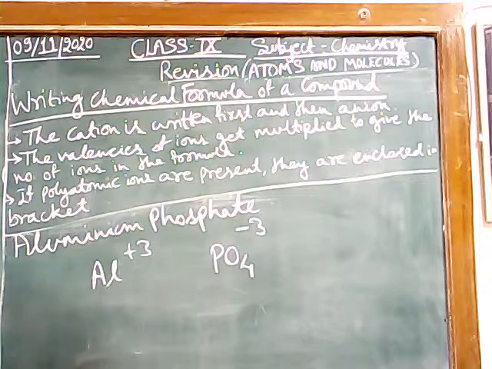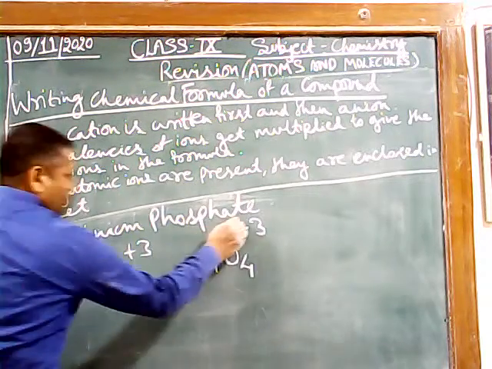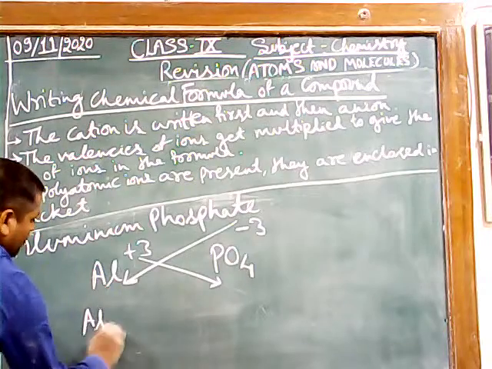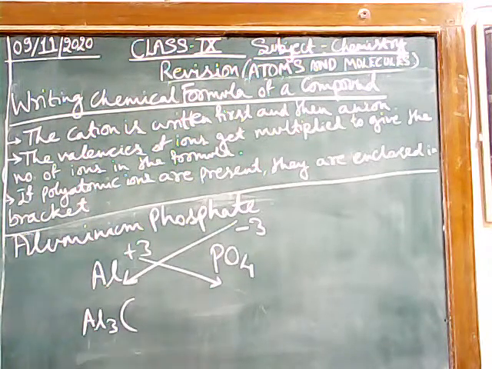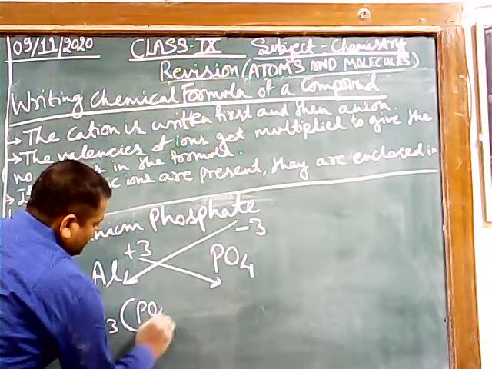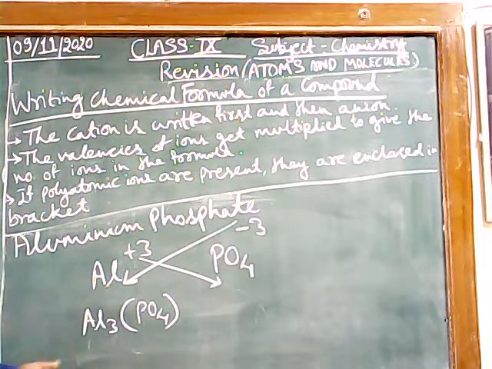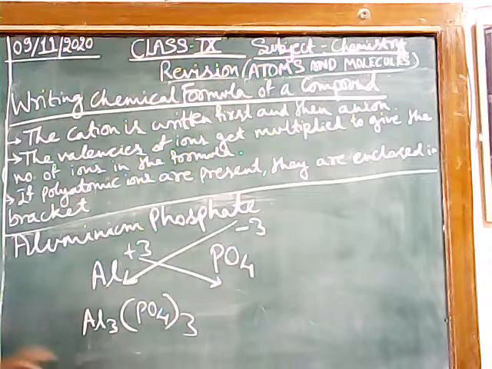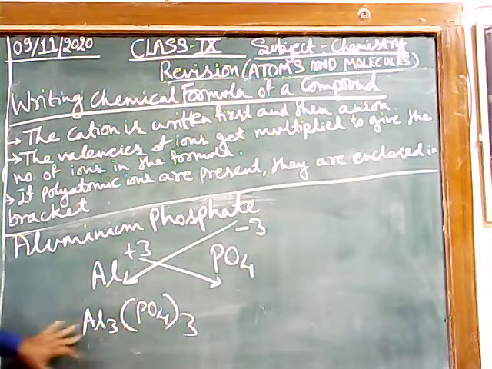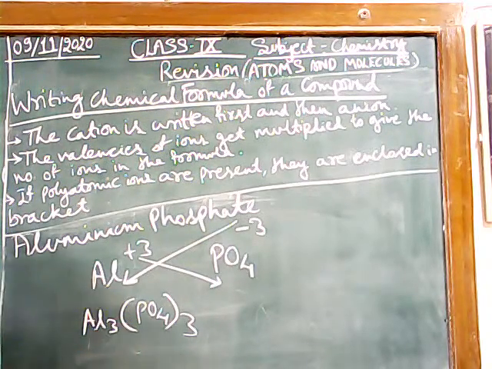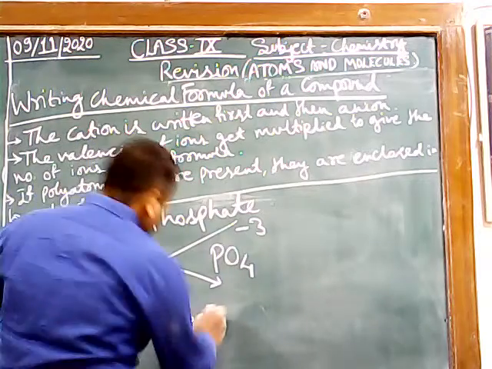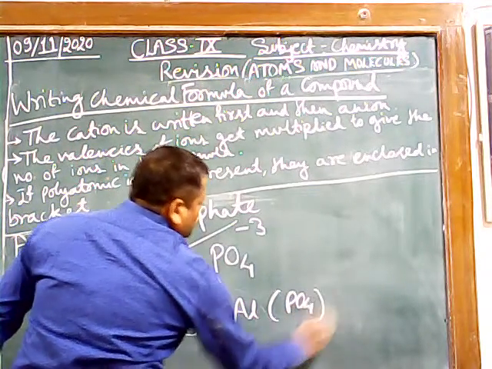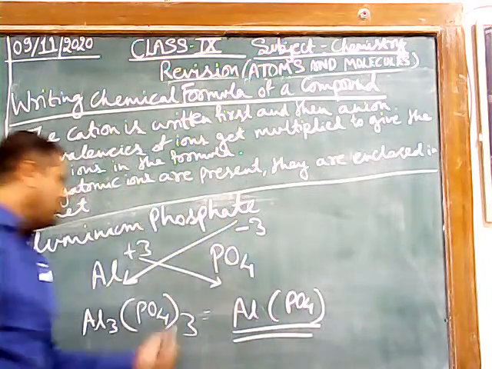Now the valencies are cross multiplied, Al 3, PO4 3. This is a polyatomic ion, so again it has to be enclosed in the bracket 3. So now we have to simplify. Since aluminium 3, phosphate 3, they will cancel one another and we will form aluminium phosphate like this. AlPO4 is the correct chemical formula for aluminium phosphate.